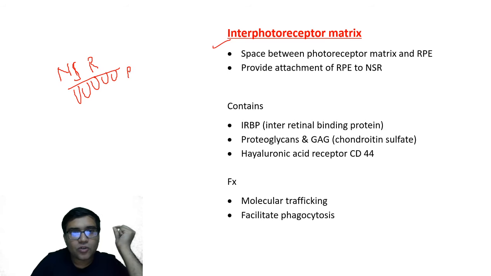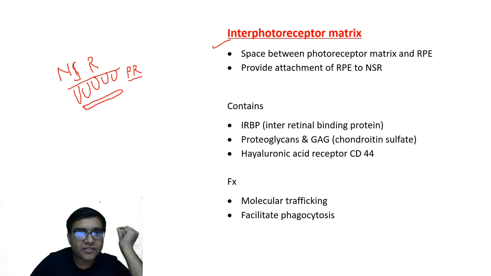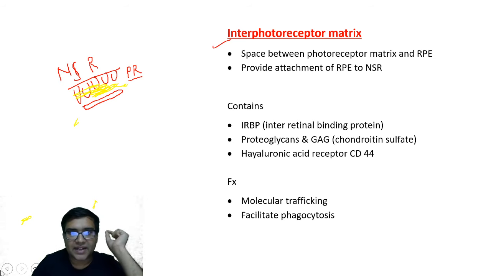They are the photoreceptors, the rods and cones. The space between the rods and cones is filled with a matrix called the interphotoreceptor matrix.